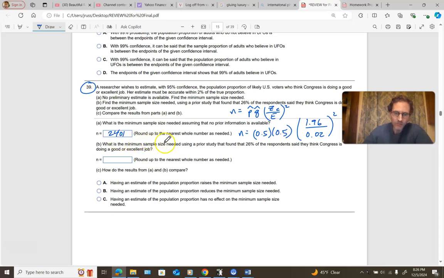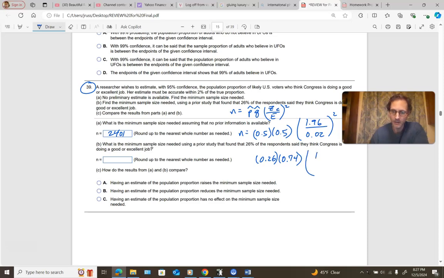But now this says, what is the minimum sample size needed using the results from a prior study that found that 26% of the respondents said that they think Congress is doing a good or excellent job. So now we have a value for p hat, 0.26. So if p hat is 26%, that would make q hat 74%.